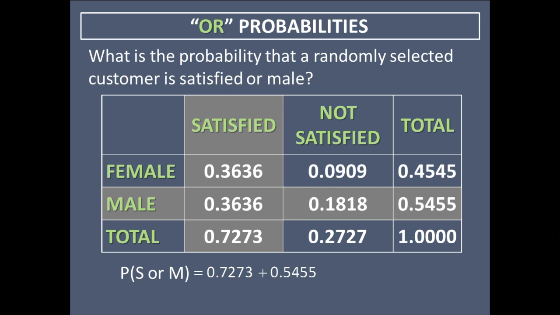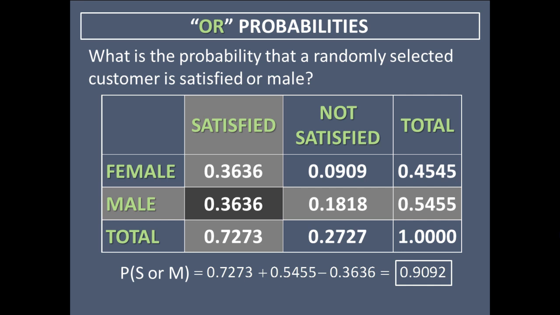So not only do we add the probability of being satisfied, 0.723, plus the probability of being male, 0.5455, but we have to get rid of one of those instances where they happen together, which is the intersection between those two things, so minus the probability of 0.3636, giving us a probability of 0.9092.